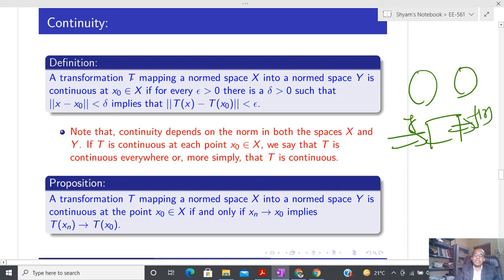Suppose I have a transformation T mapping a normed linear space X into a normed linear space Y. This transformation is continuous at x0 if for every epsilon there exists a delta such that this condition is satisfied. In this way, with the help of the notion of norm, I again define continuity.